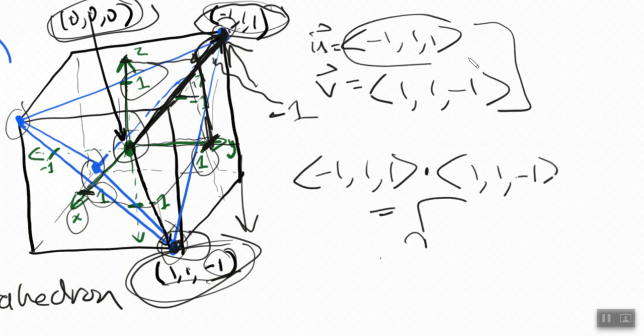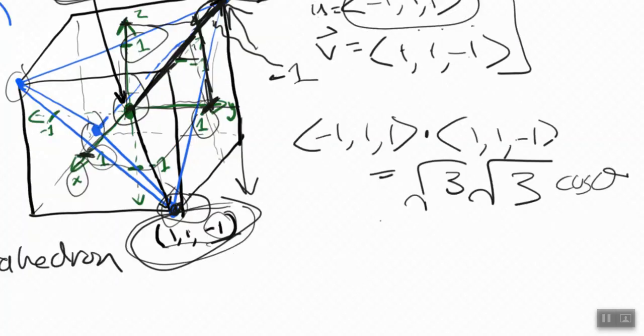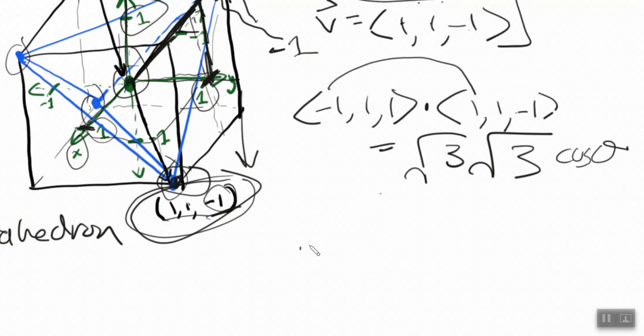The norm of this is the square root of 1 squared plus 1 squared plus 1 squared, or 3, times the square root of 1 squared plus 1 squared plus negative 1 squared, which is still 3. And this is cosine theta. So let's actually find the dot product, and we know that it's just negative 1 plus 1 minus 1. And we get negative 1.